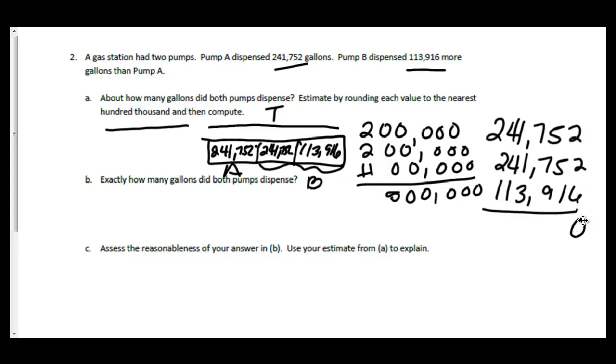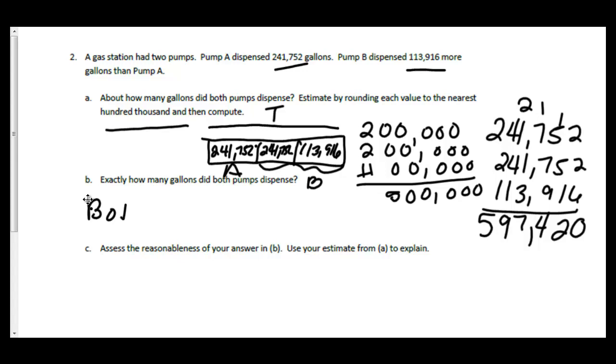All right, this would be 10, 12, 14, 15 plus 9 is 24. 2, 3, 4, 5, 6, 7, 8, 9, and then times 5. So I have 597,420 gallons.